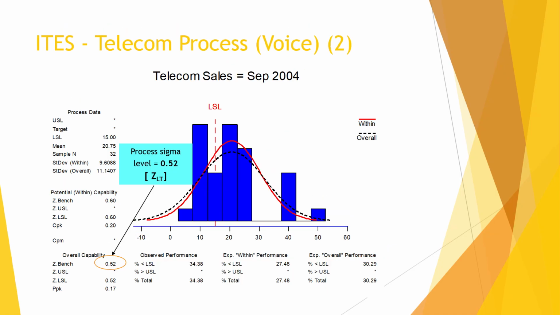Not good at all. Now let's take a good look at the CPK. There's this capability index that is not available, the CPM.